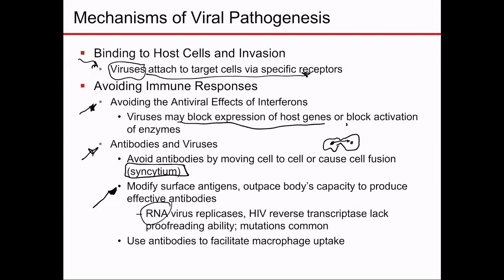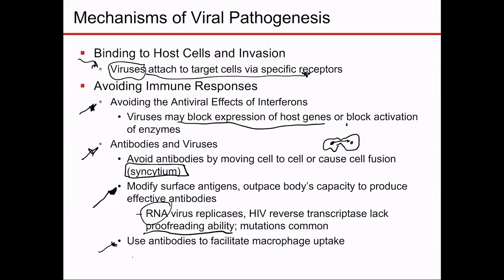Now, the ability to produce these point mutations, especially in RNA viruses, has to do with the fact that the viral RNA polymerases that they produce lack proofreading ability. So they are prone to mutate a lot, to change a lot. And some of these mutations could be an advantage for the virus to evade the immune response.